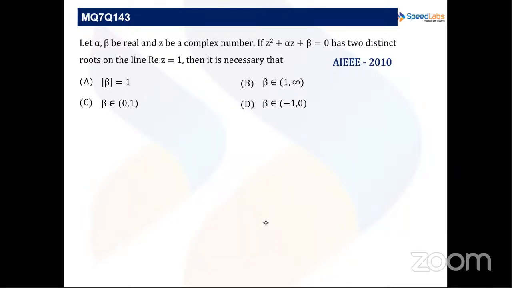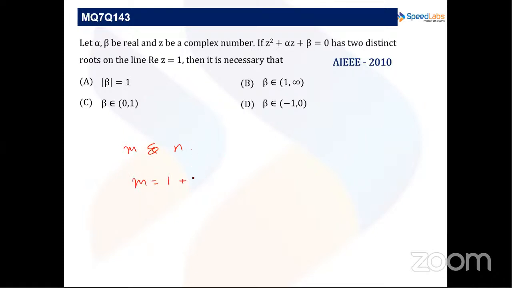If z square plus alpha z plus beta equals 0 has two distinct roots on the line whose real part is 1, then it is necessary that... So we can say that if we are having two roots, let's say the roots are m and n, and they both will be complex roots.